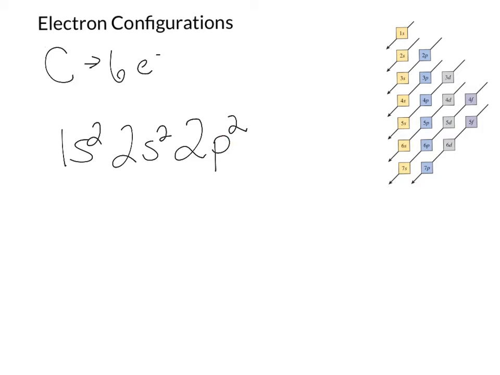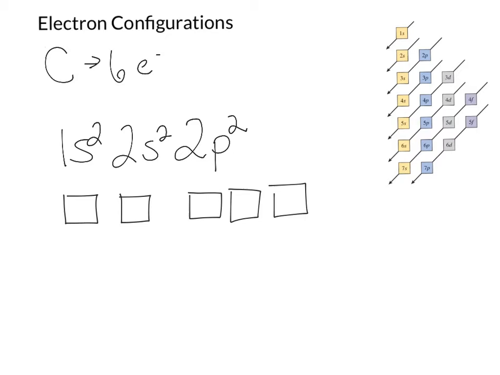We can also use a ground state orbital diagram to give us more information as to how each electron is placed, and by that we use boxes for each orbital. So for the 1s2 orbital we have 1 box, the 2s2 orbital will have 1 box, but the p subshell, remember, has 3 orbitals, so we have 1, 2, 3 boxes to represent the p subshell.